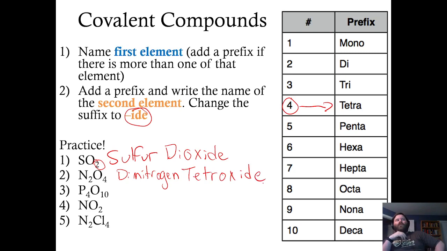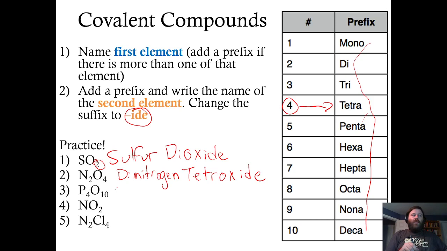All right. Oxygen is a little tricky because it starts with an O, and so it kind of combines with the vowels at the end of all of these. But if that were like sulfur, for example, it would be tetrasulfide. Okay, now let's keep going.